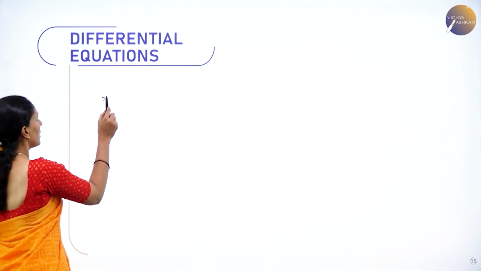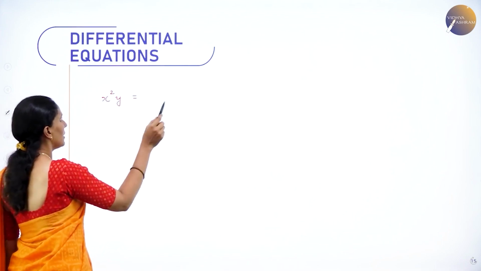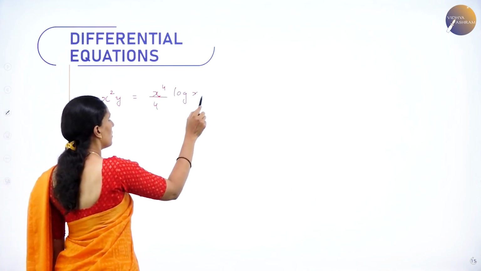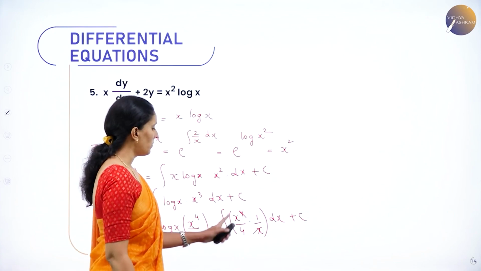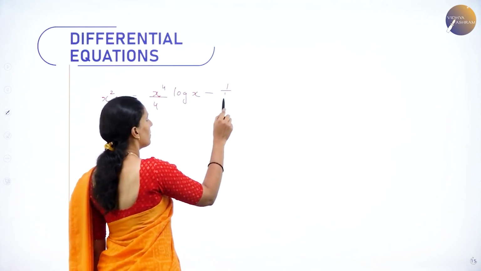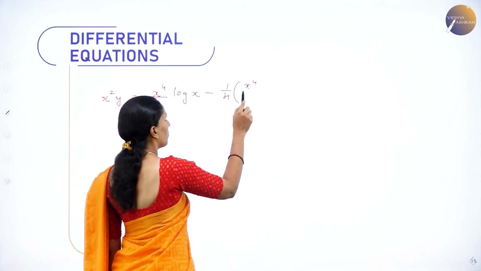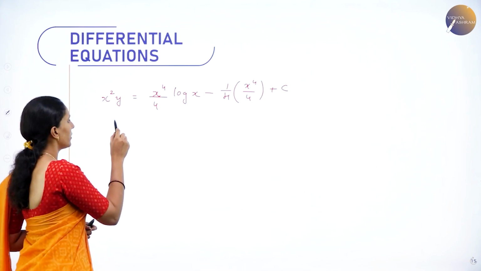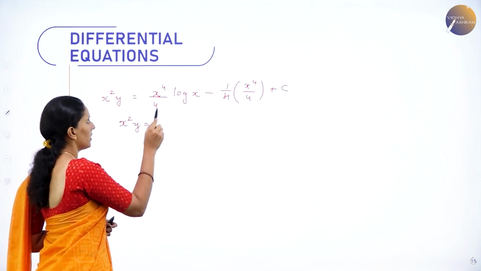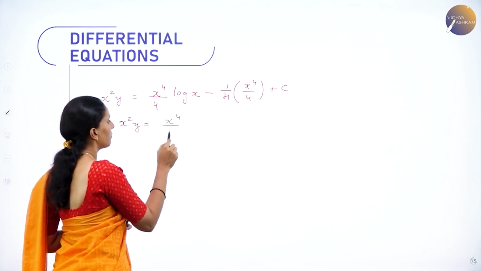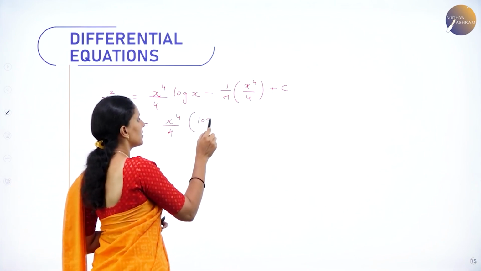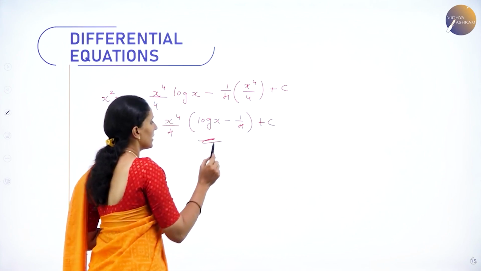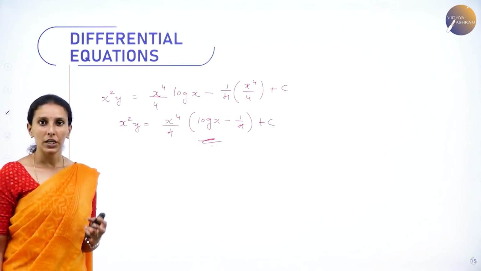So we have x square y equal to x power 4 by 4 log x minus, again we have x cube, outside we have 1 by 4, so 1 by 4 into x to the power 4 by 4, and we have the integration constant plus c. So x square y is equal to x power 4 by 4 taken as a common factor, then log x minus 1 by 4 plus c. So this is the solution of the differential equation.